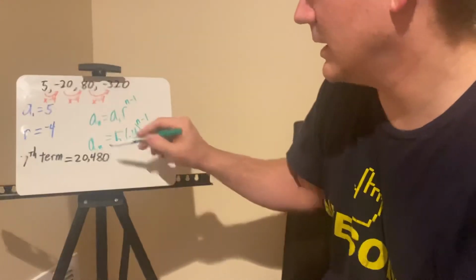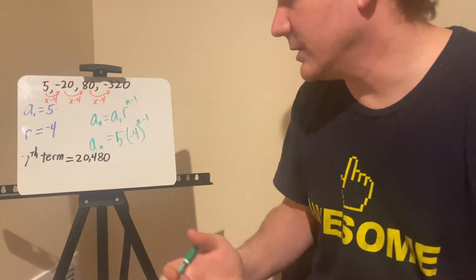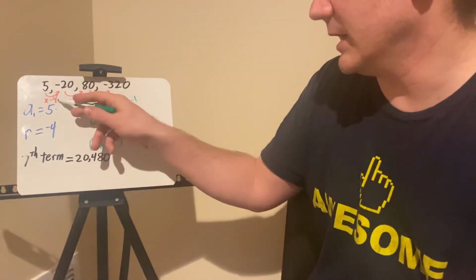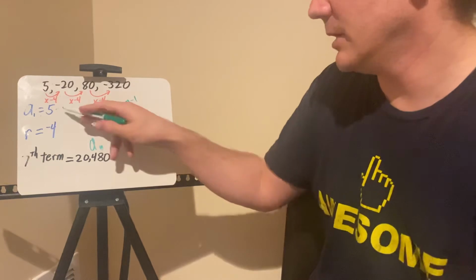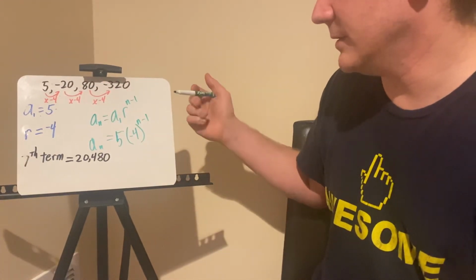And that would be our equation we could write for the geometric sequence. We take the common ratio of negative 4 that's being multiplied each time, start with our first term, and just multiply through. And that's how you would write this as a function.